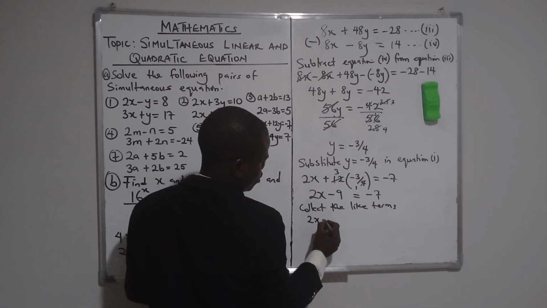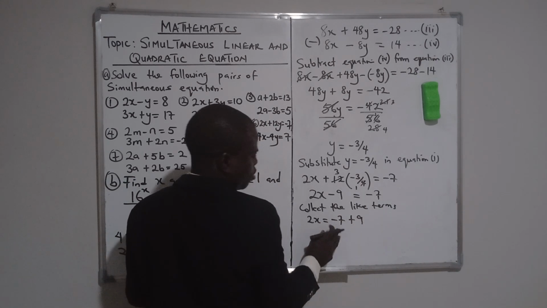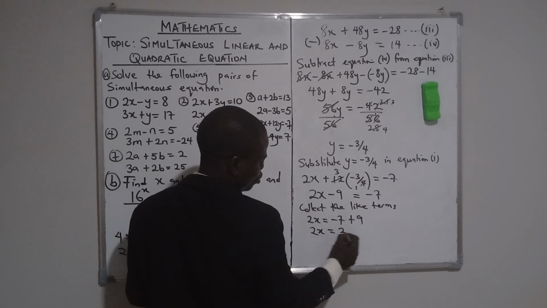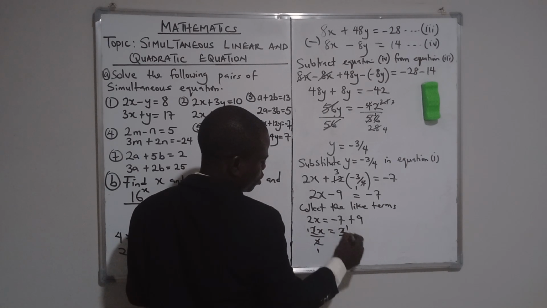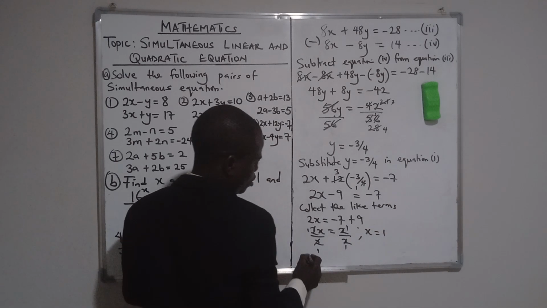Now 2x equals minus 7 plus 9. Minus 7 plus 9, that's 2. 2x equals 2. Divide both sides by 2. 2 cancel 2. Our x is equals to 1.